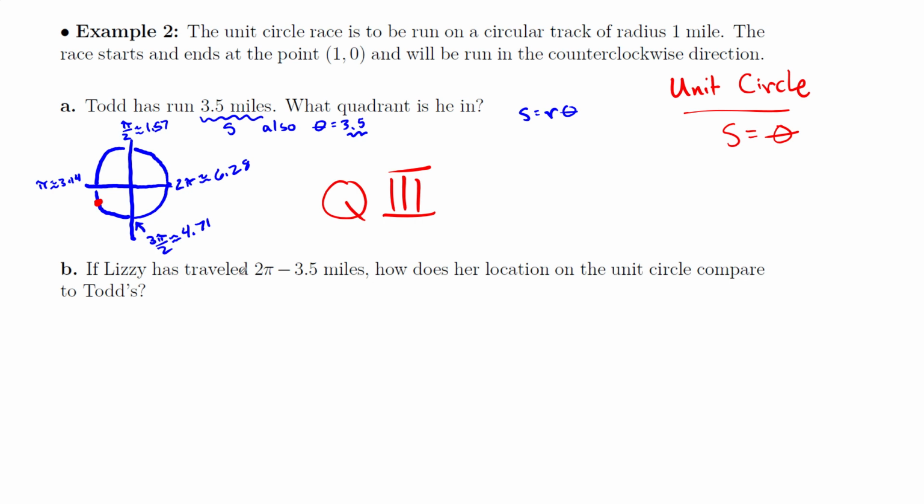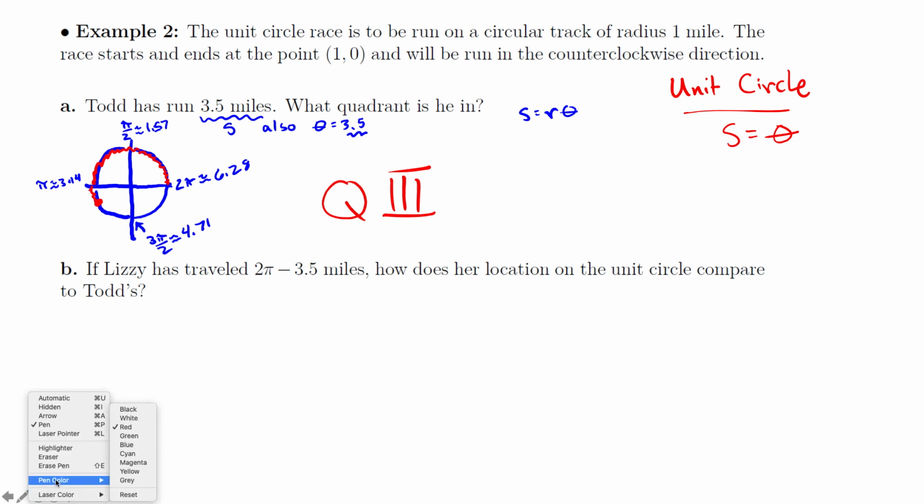Now it says Lizzie has traveled 3.5 miles. Okay, how does her location on the unit circle compare to Todd's? Okay, so what did Todd do? Right, Todd ran 3.5 miles, and this is Todd's journey here, right? All the way to that dot. Okay, so what's Lizzie's journey then?